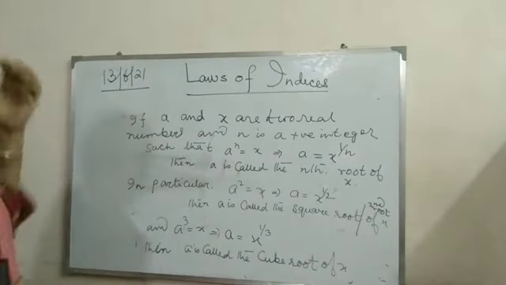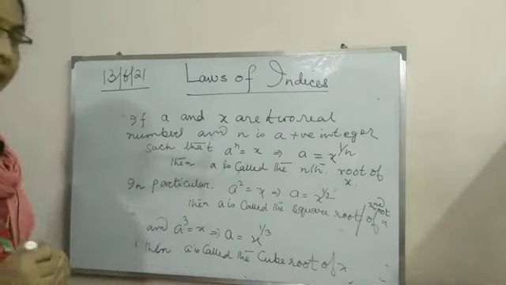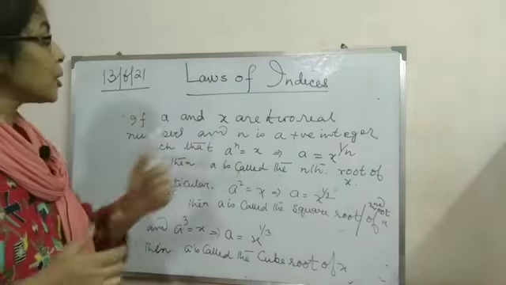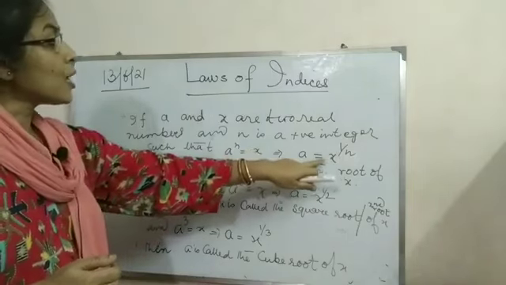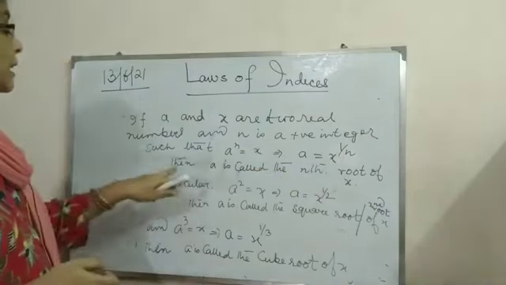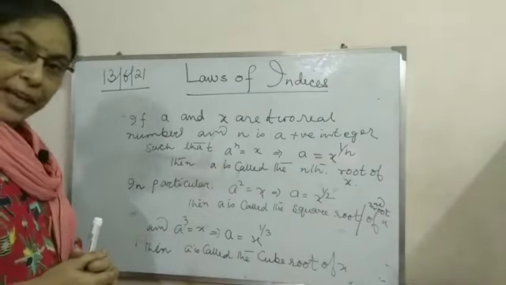If a and x are two real numbers and n is a positive integer such that a to the power n equals x, then I can write a equals x to the power 1 by n. Then a is called the nth root of x.